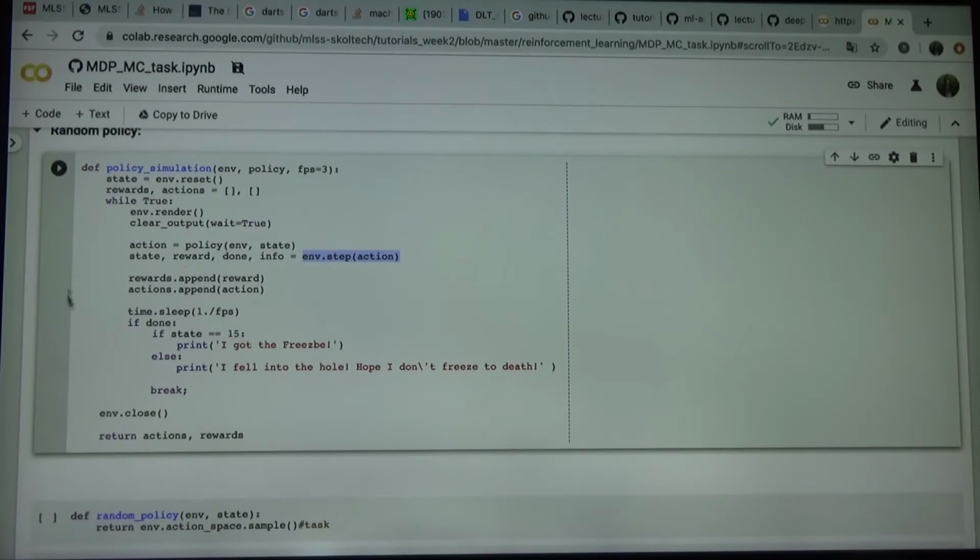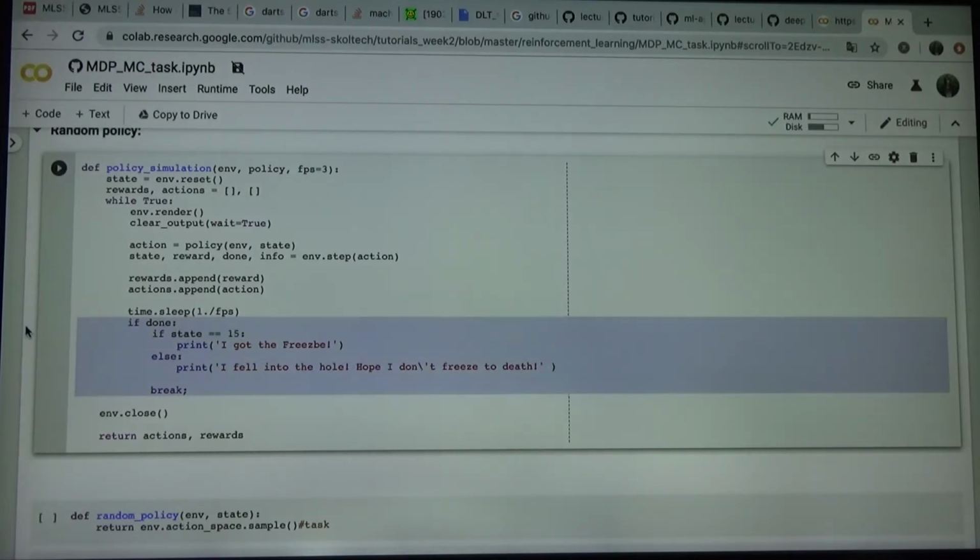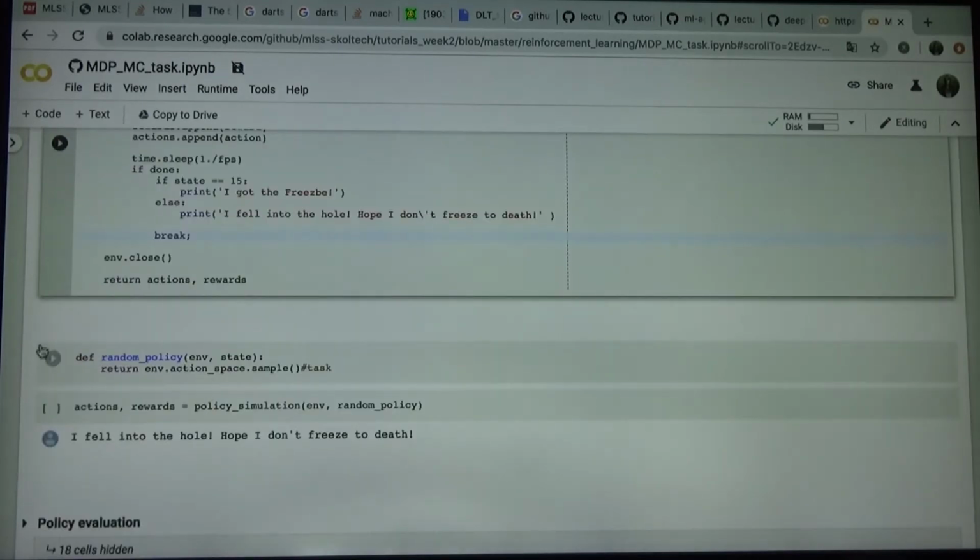Because it's the Frozen Lake environment, if we die, we do this loop, which will break if the condition holds, and we finish our training or gaming episode in our case.